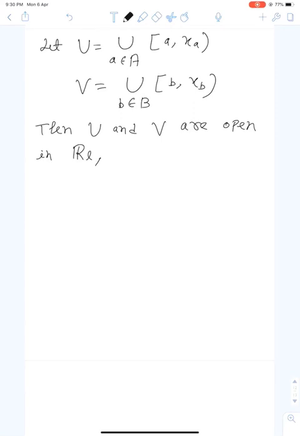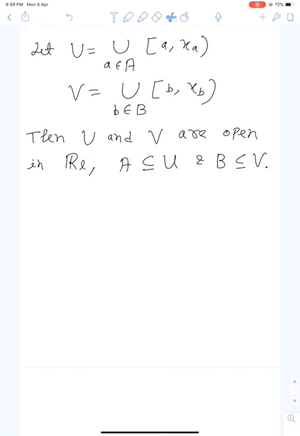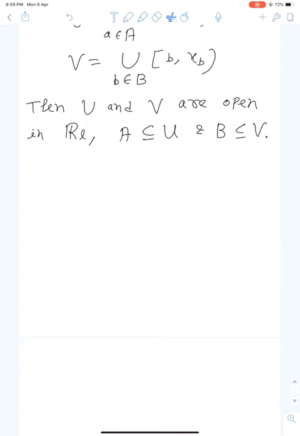And A is a subset of U and B is a subset of V. Now we claim that U intersection V is empty.